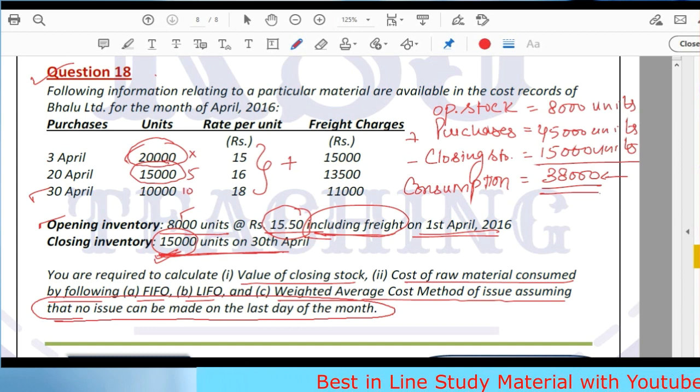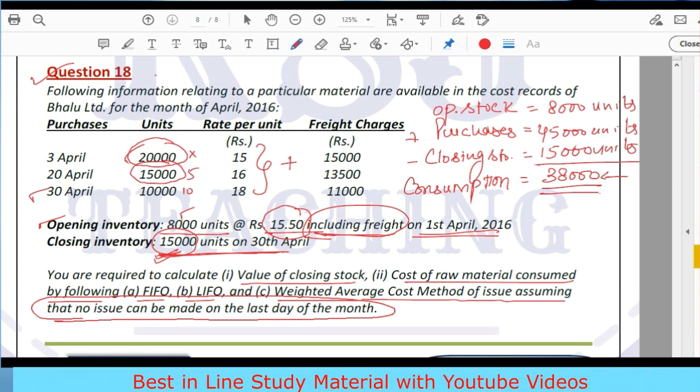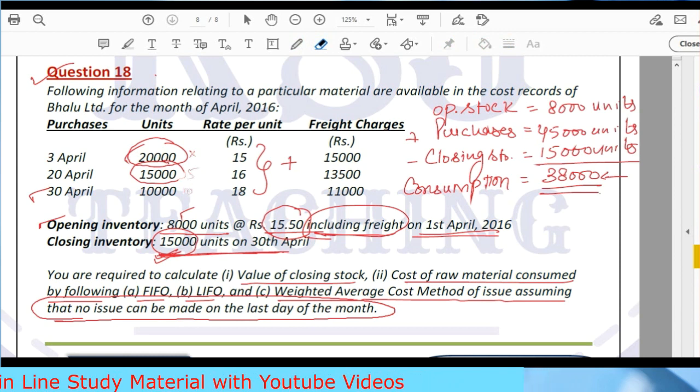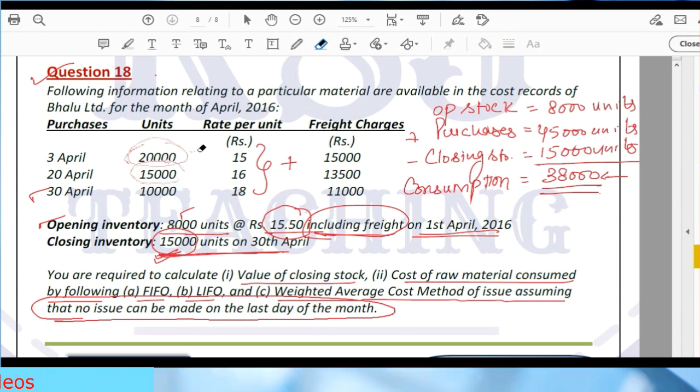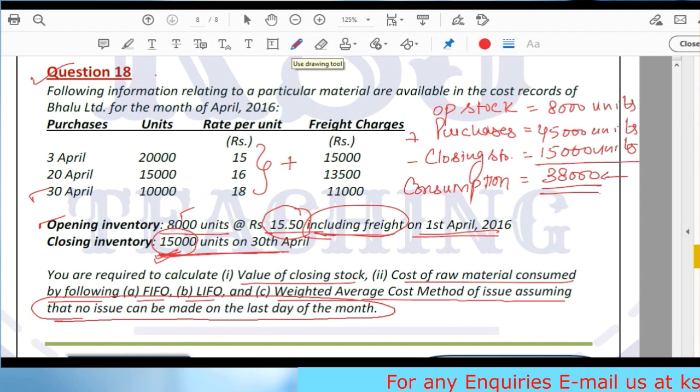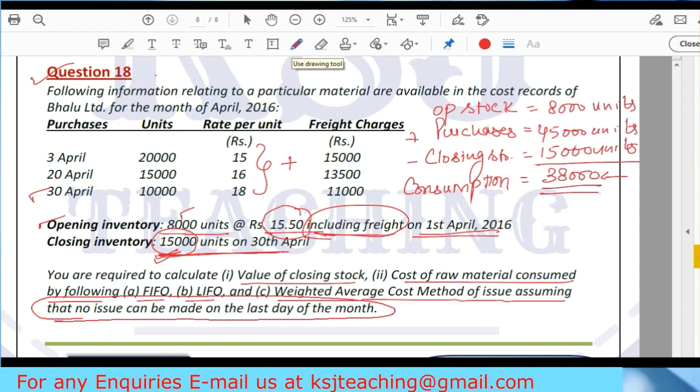That means we can issue from this. Okay, I'll rub this so that I can do further calculations here. Right. So now the LIFO method says last in, first out. That means the material received in the last should be issued first.